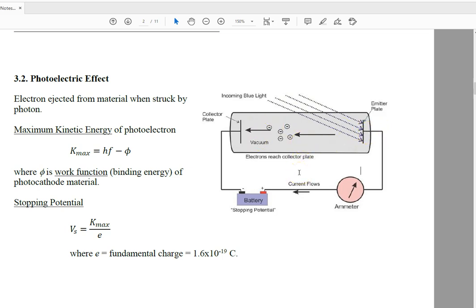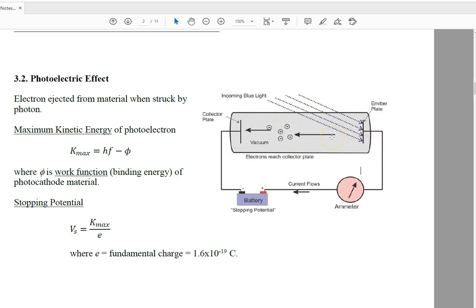So one of the things that's done in a typical experiment is, with this polarity of voltage difference, you increase the voltage or the potential difference until you have no current on your ammeter. That value of voltage difference or potential difference is called the stopping potential. And what's happening physically is that when the light hits this plate, electrons are being ejected with a variety of kinetic energies.